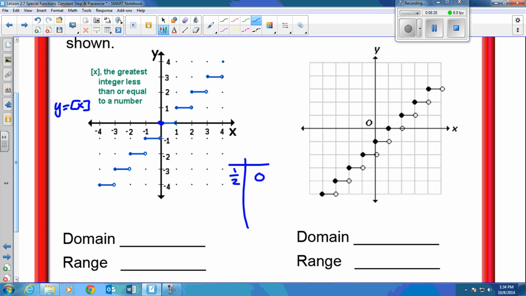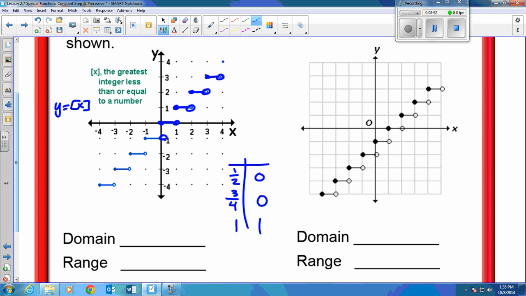No, less than or equal to. So when I have 3/4, what's the greatest whole number less than or equal to 3/4? So when I have 1, what's the greatest whole number less than or equal to 1? 1. So I have a flat line and an open circle. At 1, I jump up. I have a flat line and an open circle, and then I jump up. So this is my greatest integer function.